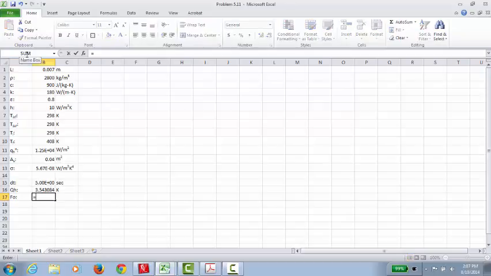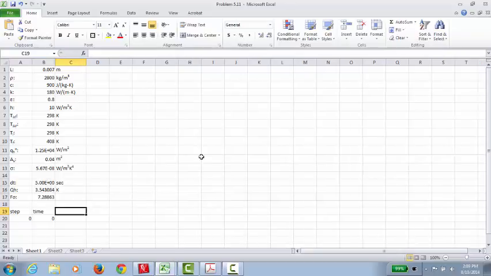The Fourier number is going to be k times delta t over rho times c sub p times L squared. The Fourier number is dimensionless. So let's call this capital Q, since we already have a Q sub h, let's call that capital Q. We'll call that Fourier.